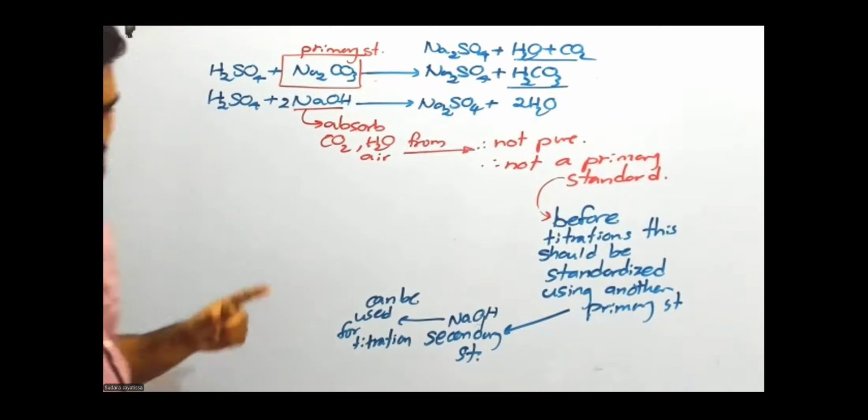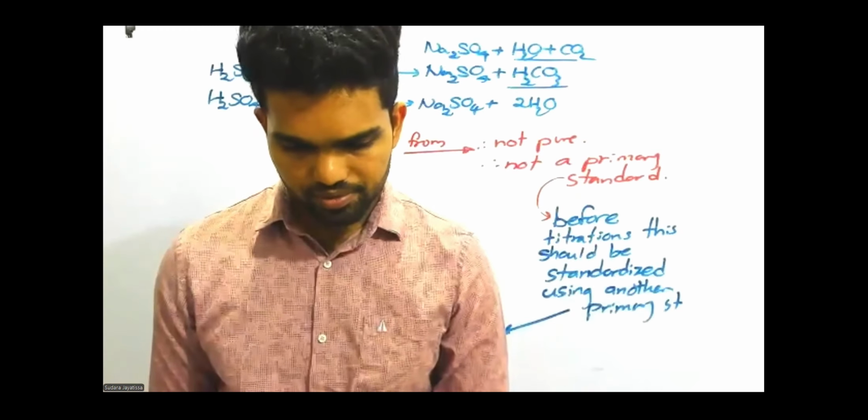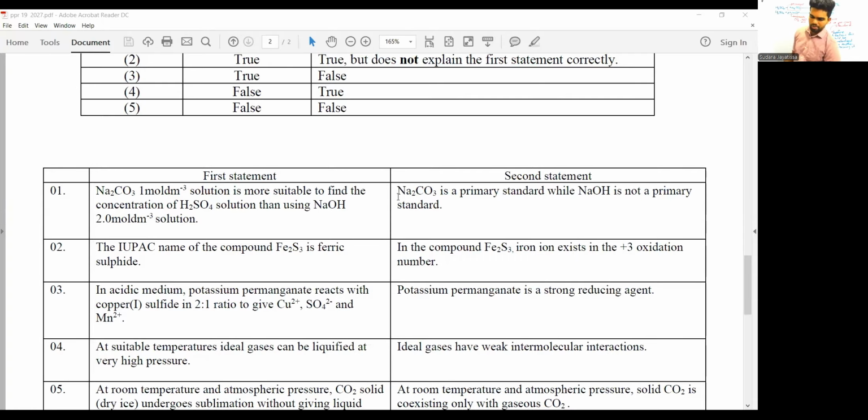So the first statement is correct. And the second one, sodium carbonate is a primary standard, while sodium hydroxide is not a primary standard. That is also correct, and it can explain the first statement. Therefore, your answer will be answer 1.